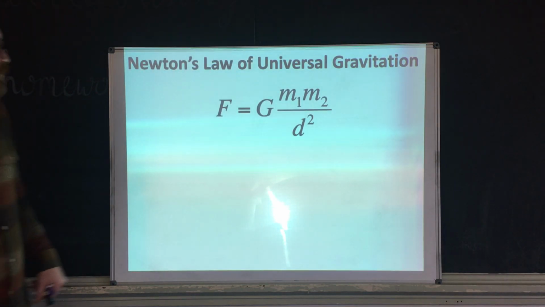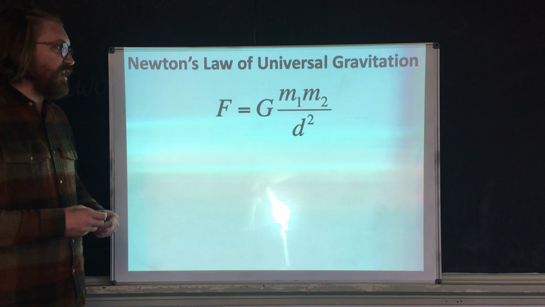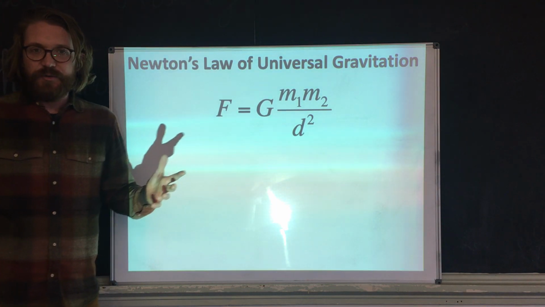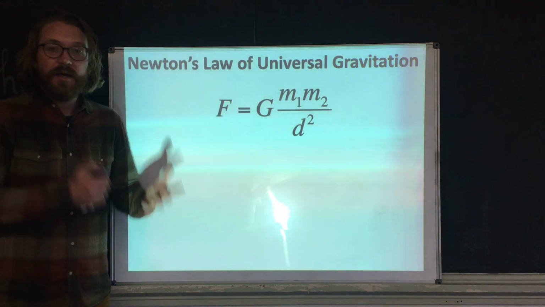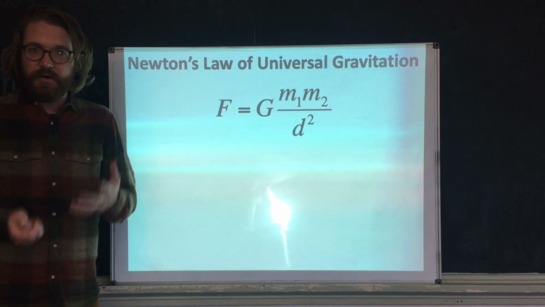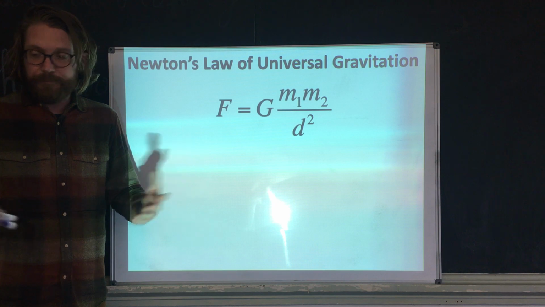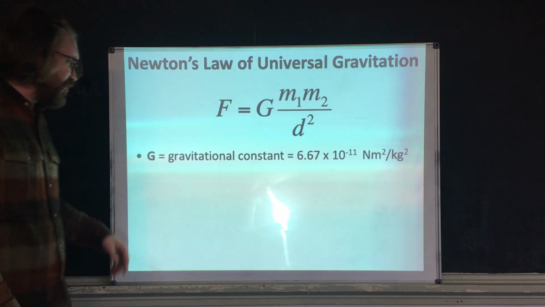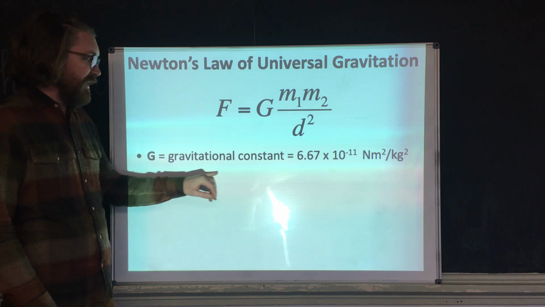All right, so this is Newton's theory of universal gravitation. Looks complicated, but all we got to do is figure out how to put numbers in it, how to get those numbers into the calculator, and how to find our answer. The first thing we see here is this big G. The big G is called the gravitational constant.